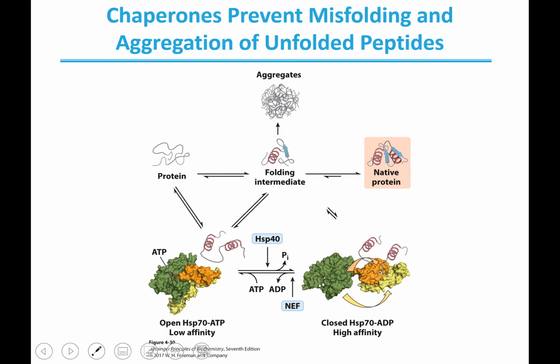So it binds there. Once it binds there, a protein, HSP40, can bind, and that hydrolyzes ATP, knocks off the phosphate from that. That closes the HSP70, makes it high affinity, so it traps the folding protein.